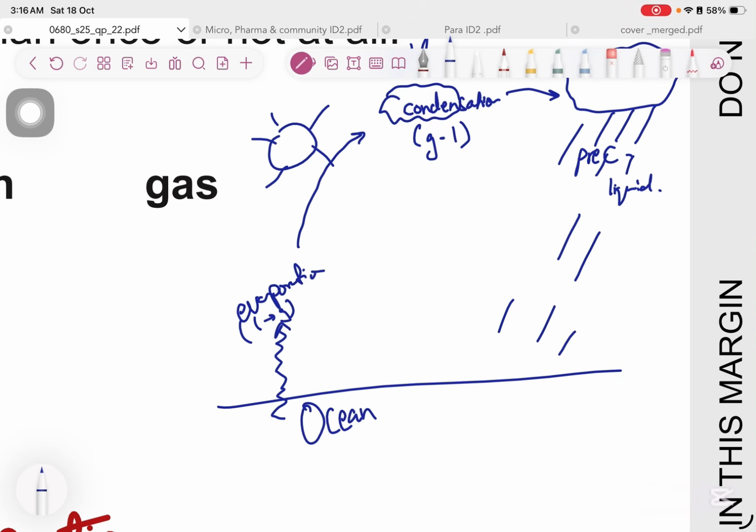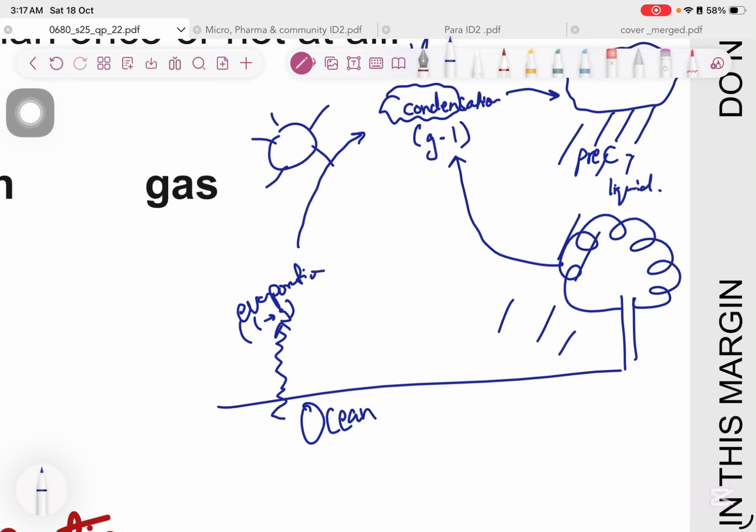Okay, let's add a tree. You see this tree? The tree gives us a gas too, and that is by transpiration. So you get the gas in two places from two things.